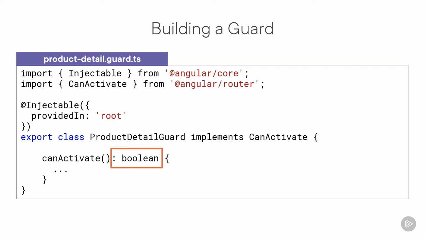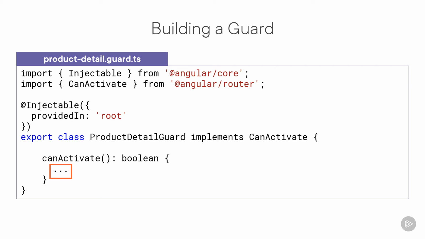For simple cases, this method can return a Boolean value, true to activate the route, and false to cancel the route activation. For more complex cases, we could return an observable or a promise from this method. In the canActivate method, we write code to determine whether the user can access the route.